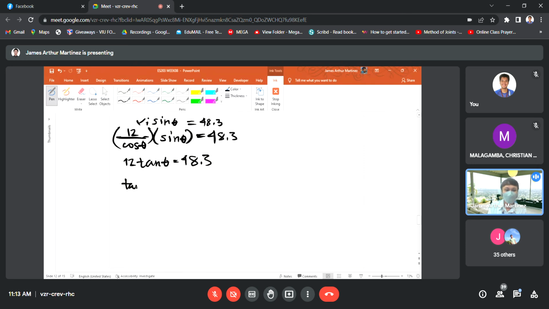So tangent theta is 48.3 divided by 12. To compute the angle of inclination, we take the inverse tangent of 48.3 divided by 12. So how much is our angle of inclination?